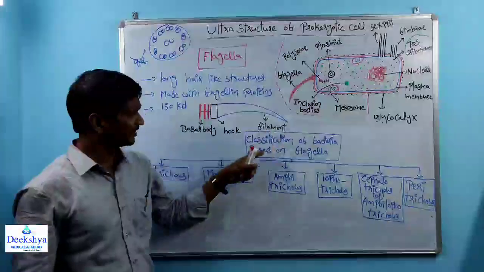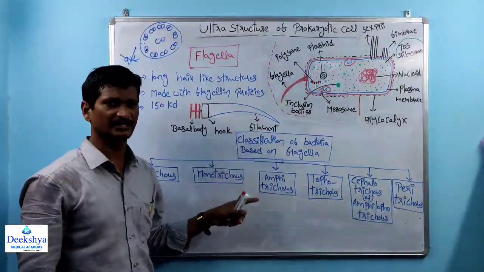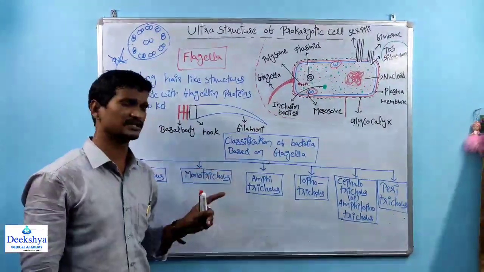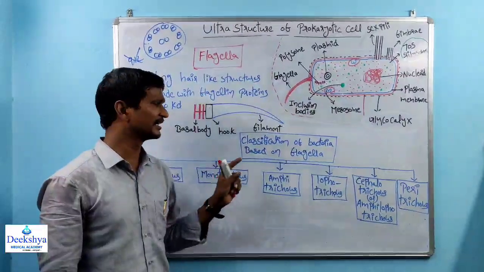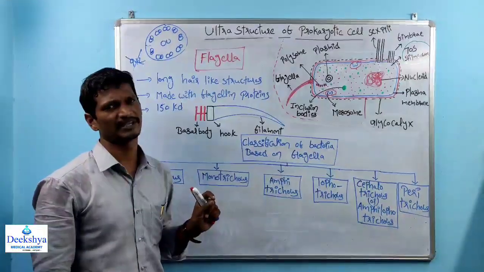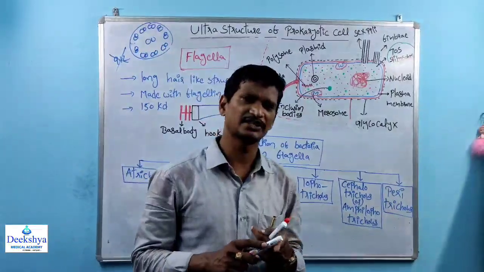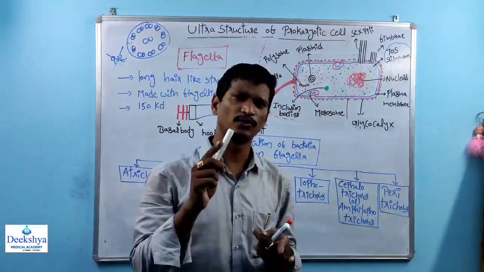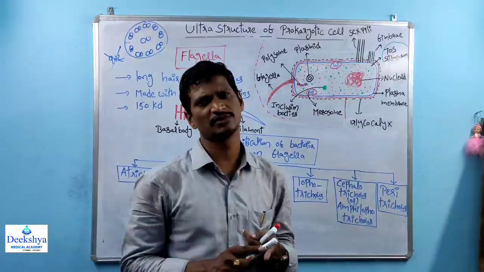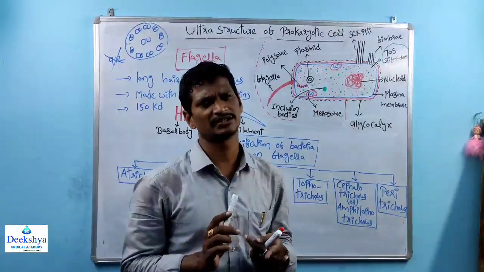Again here, based on the number of flagella and the position of the flagella, the bacteria are classified. Now we are discussing the classification of bacteria based on position and number of flagella.